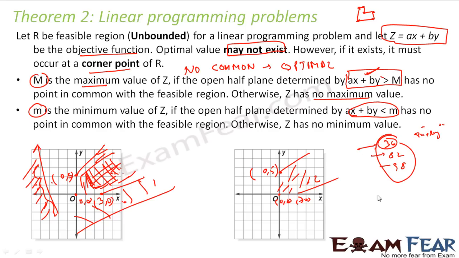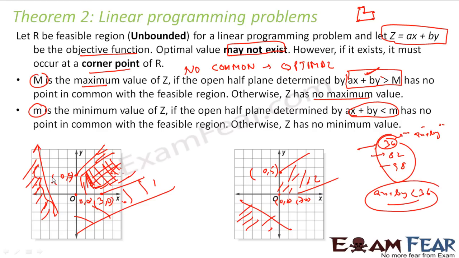And then we say that ax plus by is less than 36, because we got the value of m now. If this equation is not interfering with this region, no interference, that means optimal exists. But if there is an interference, that means optimal doesn't exist for that particular question.